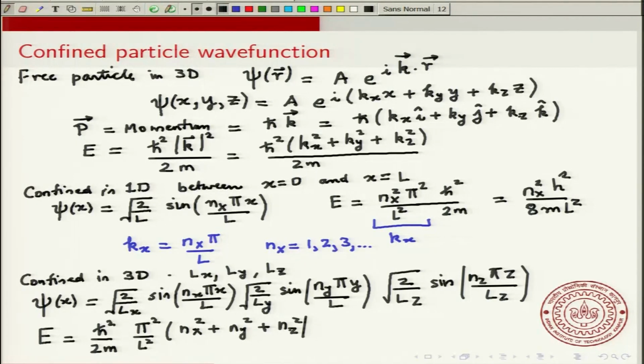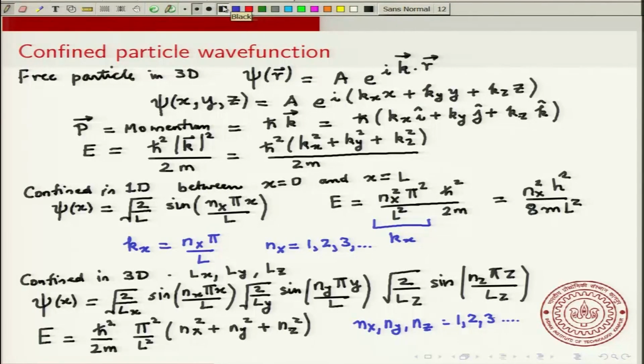Okay, and each of n x, n y, n z can take values 1, 2, 3, etc. Now all this should be familiar to you, and if you are not familiar, as I said, you can go back to your basics of quantum mechanics and look at the particle in a one dimensional box and particle in a three dimensional box. So, these are exactly these functions.